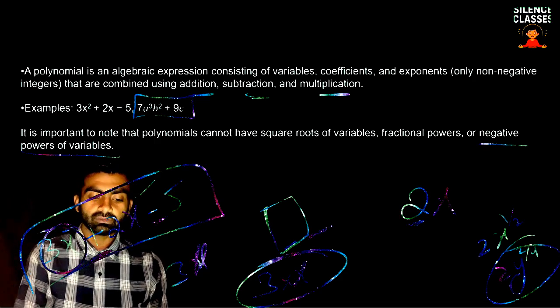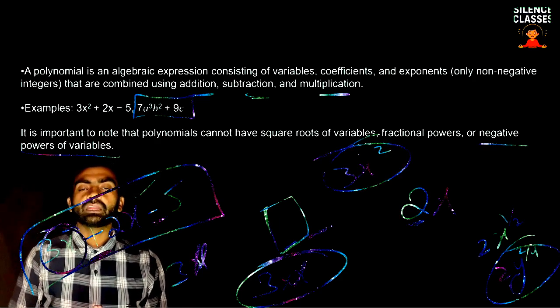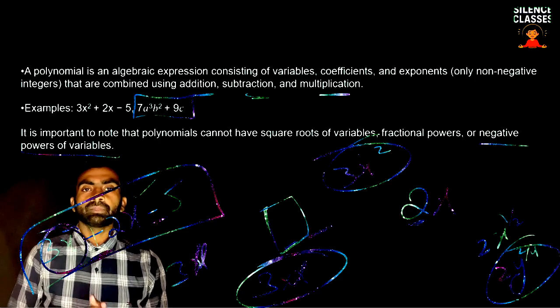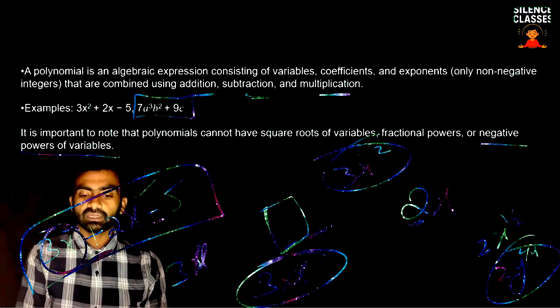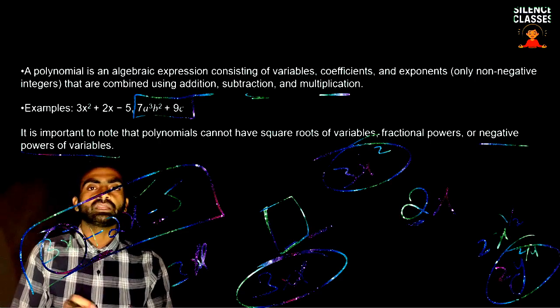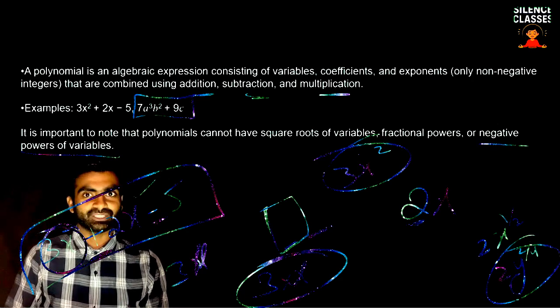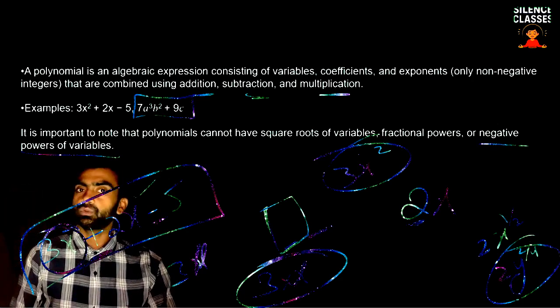As I already explained, 3x to the power minus 2, minus 5 to the power minus 2, negative powers cannot be there in a polynomial. If the powers are negative, we will say it is not a polynomial, it is only an algebraic expression. I hope you understood how we have to do the questions.